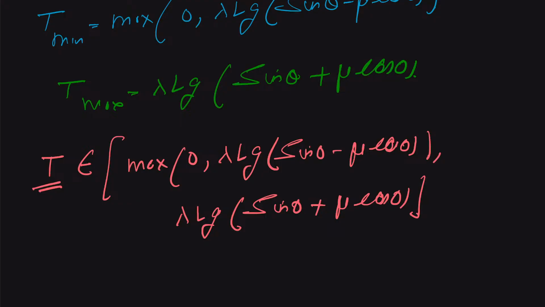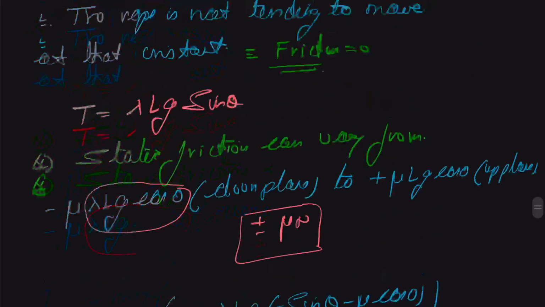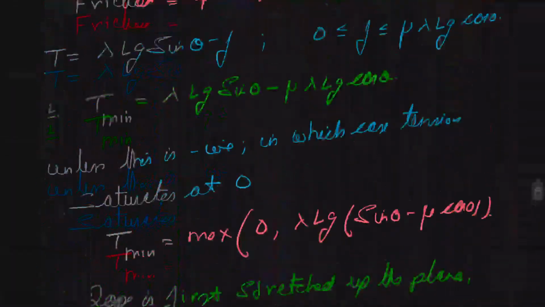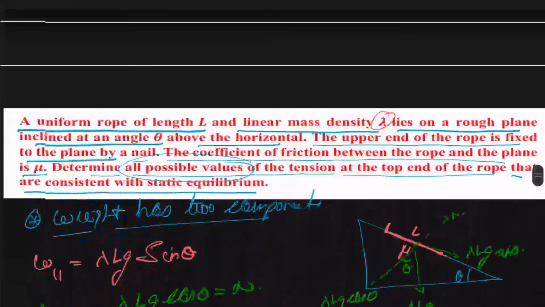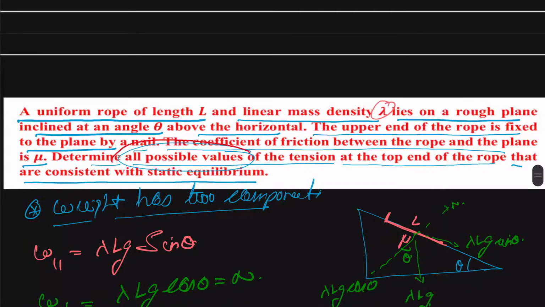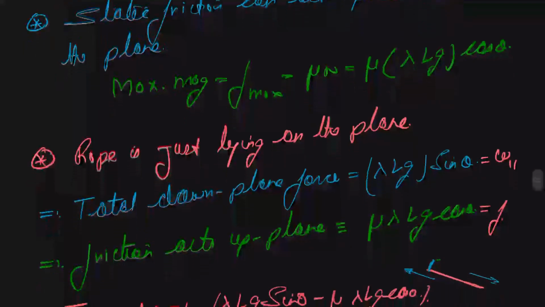It was simply mentioned that we have to find out all possible values. And in the normal case, we consider that the rope is simply lying there and moving, and the friction is acting in the opposite direction. That is our normal tendency to solve the question.